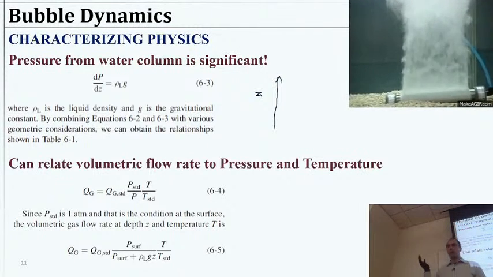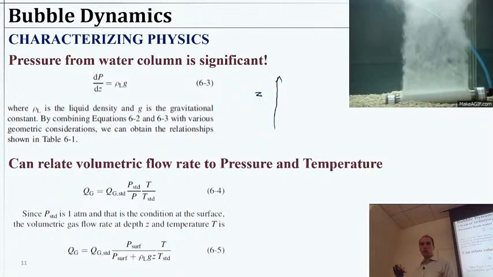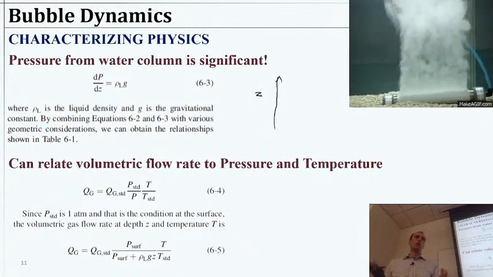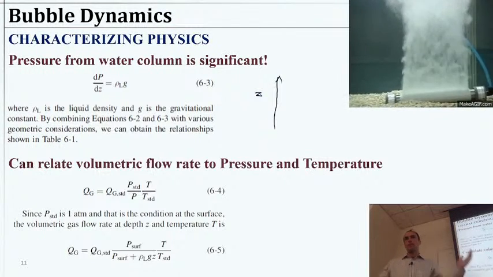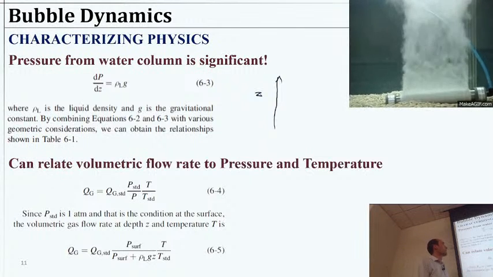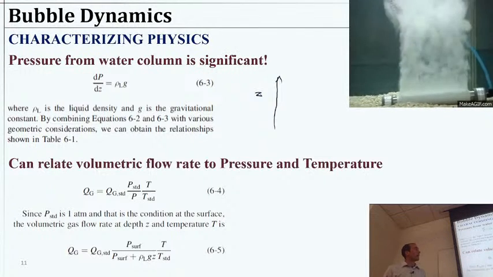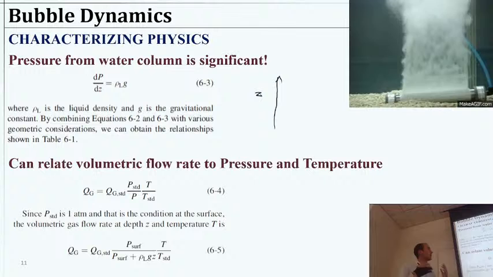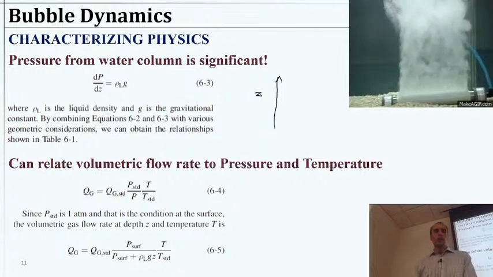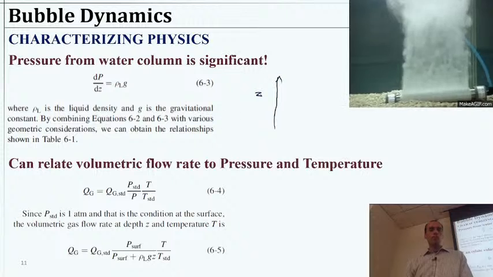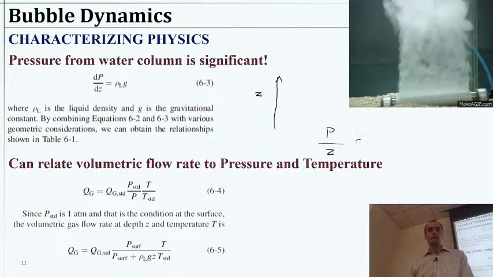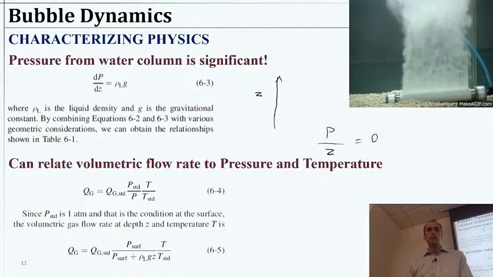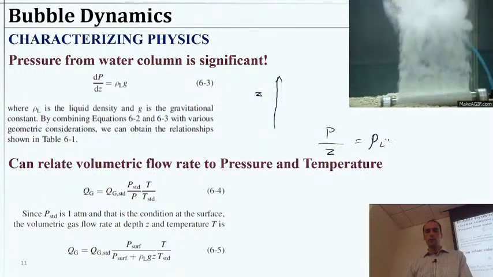This works in the atmosphere. This works underwater. This is a feature of density and liquids, right? And we can treat the atmosphere as a liquid. So that allows us to understand what our pressure is at some depth. We can basically write this as pressure over height being equal to our density of the liquid times acceleration due to gravity.